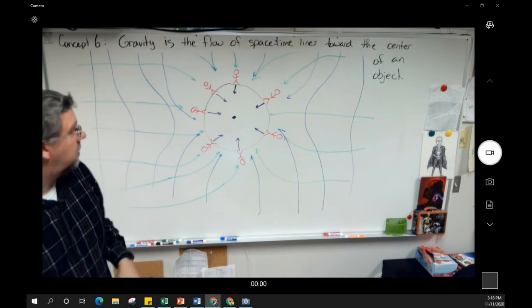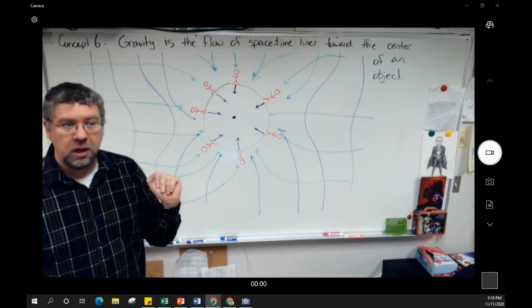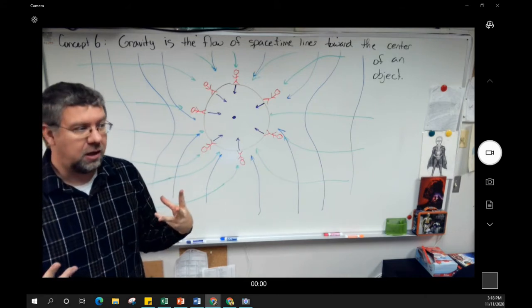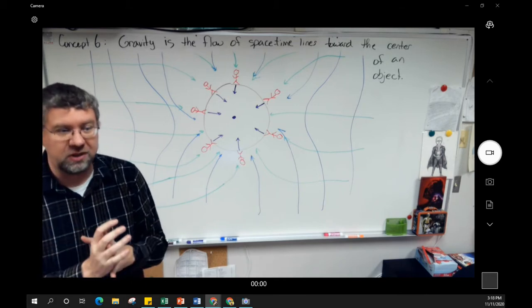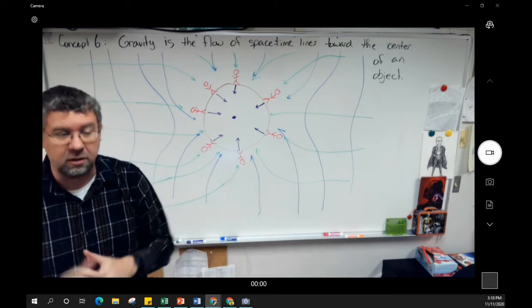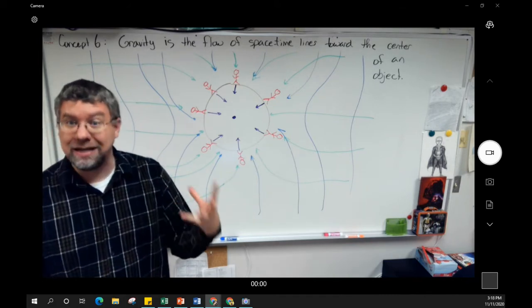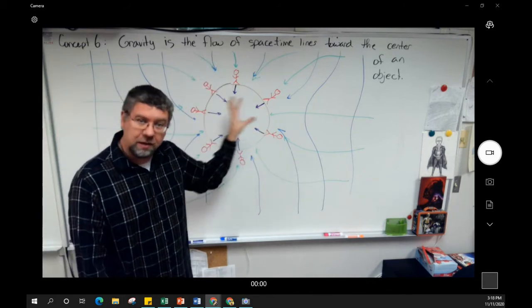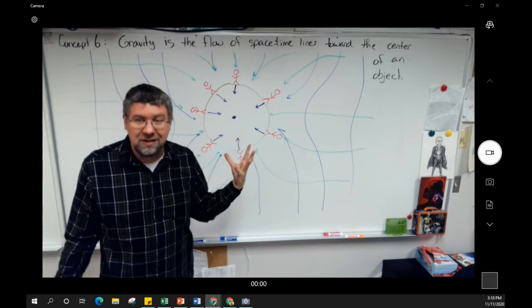Okay, so those were our concepts and kind of an explanation. I'm going to show a couple other things to help visualize what's going on. I'm going to look at another two-dimensional representation similar to the big stretchy cloth table, and then we'll have a short video clip that will give us more of a three-dimensional understanding, because again, this is only 2 dimensions, but we live in a 3-dimensional, technically 4-dimensional existence.